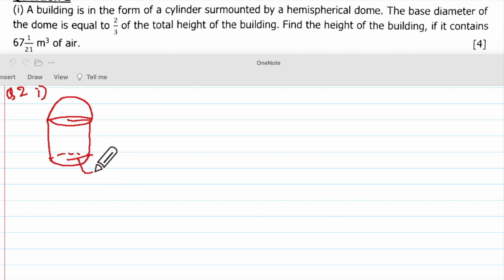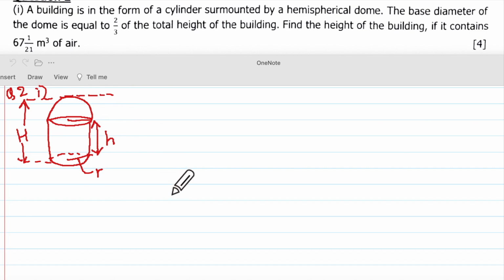Yes, ma'am. So this is the radius. Base diameter of the dome is equal to 2/3 of the total height of the building. Now total height of the building, you take the bigger height as capital H and the small height, part of that height, as small h.